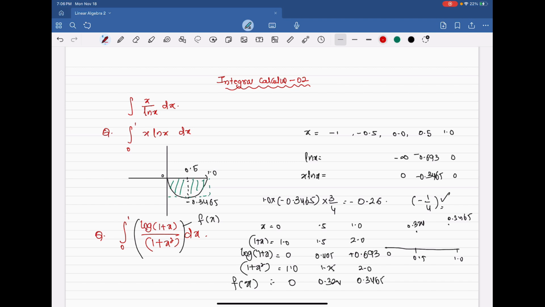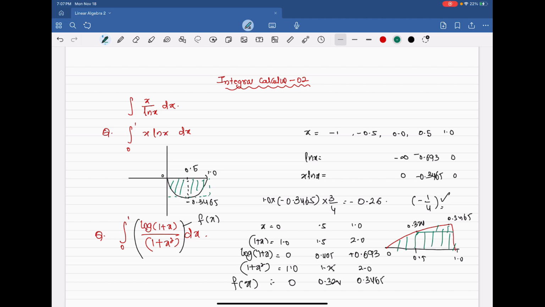Now you draw and find out the area of this green shaded portion. What will be the area of this green shaded portion?